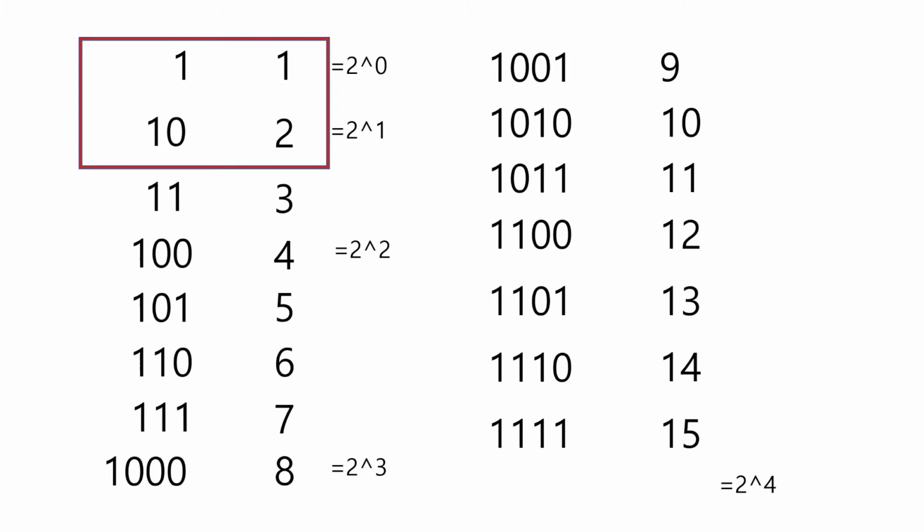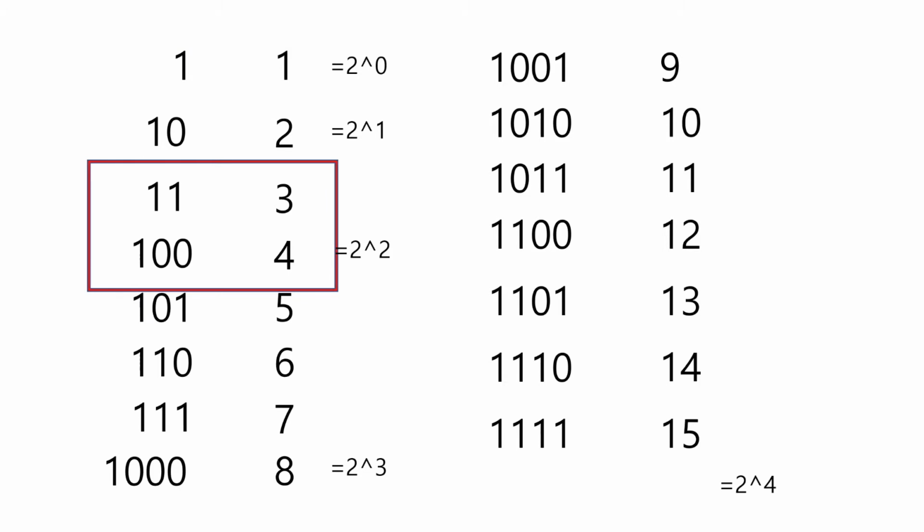So the border of those ranges always becomes 0. 1 and 10 becomes 0, and 11 and 100 becomes 0, because 3 is smaller than 4, which is the smallest 3-digit number.